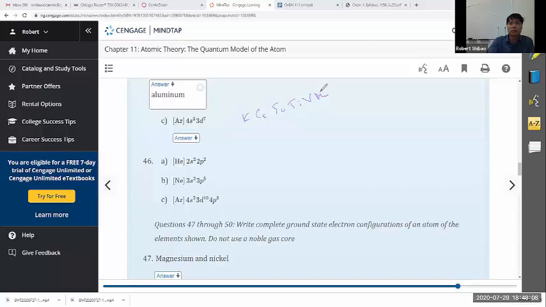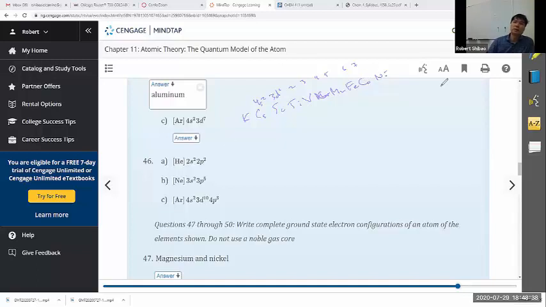No, sorry. Chromium, manganese, iron, cobalt, nickel. So this 4s2 would be calcium, and then this would be 3d1, 3d2, 3d3, 3d4, 3d5, 3d6, 3d7, cobalt.